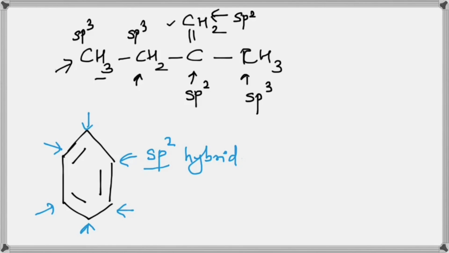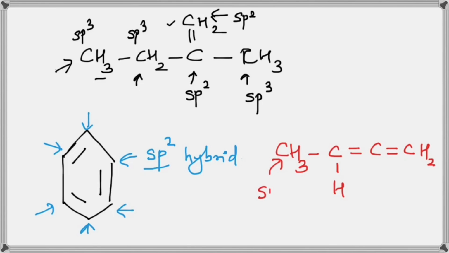Let's take one more example. We have CH3, C double bond, C double bond, CH2, and let's attach an H here. Now, you can see that the first carbon atom has all single bonds, so it is sp3 hybrid.